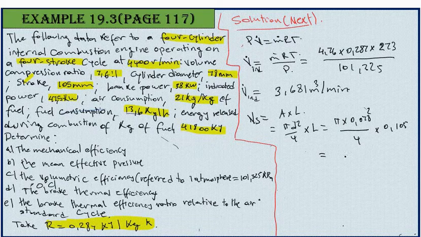So if I work this out, I get 0.000501728 cubic meter. That is the swept volume, but I need to express that in cubic meter per minute. There is a possibility because I have the rotational speed.